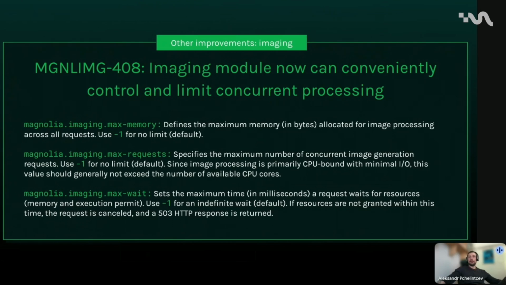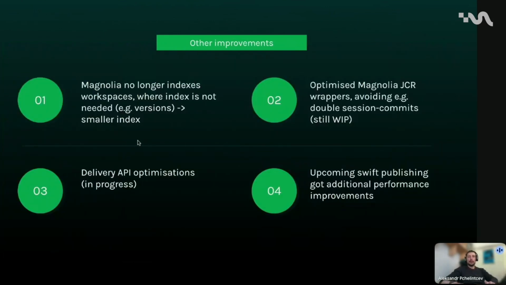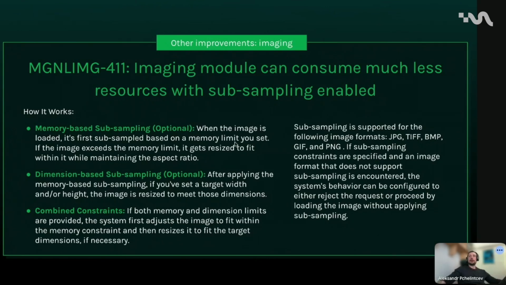We have also improved the imaging module, so now there is a possibility to control the concurrency. So the imaging module will no longer suddenly bring the instance down when a lot of assets are dropped into the system and variations are generated in parallel. There's also subsampling that can now be enabled in imaging, which can be very useful when we're dealing with generation of, let's say, thumbnails.